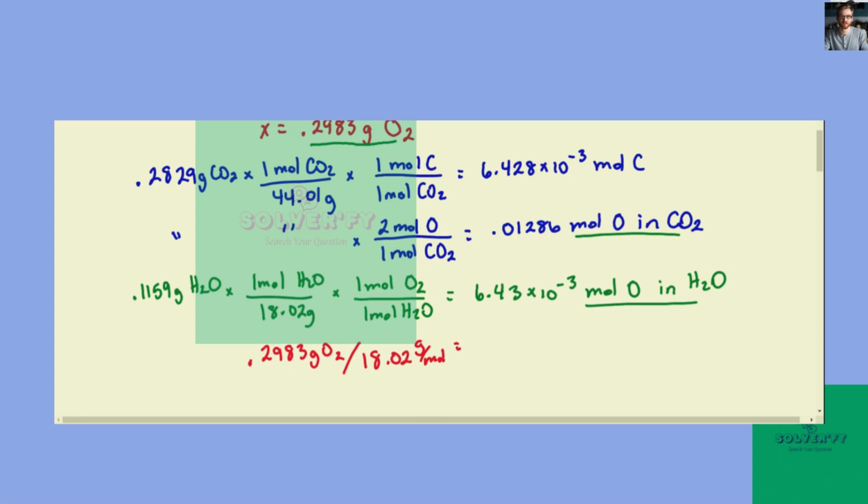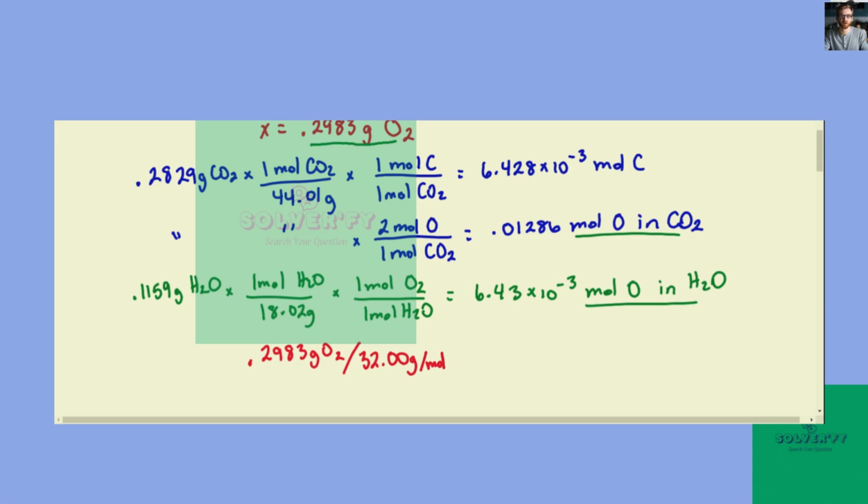This gives me, why did I do 18.02? I don't even know. It's oxygen, not water. Hang on. Losing it today. So this is divided by 32 grams per mole.